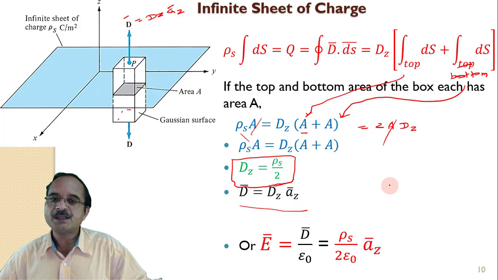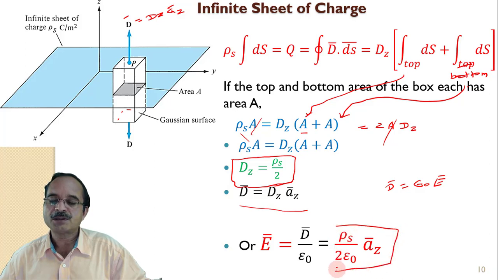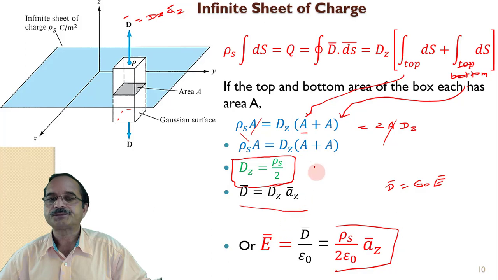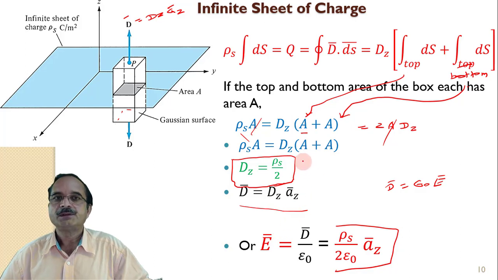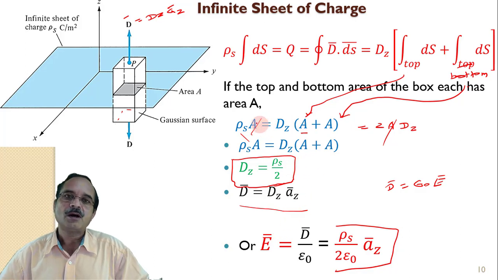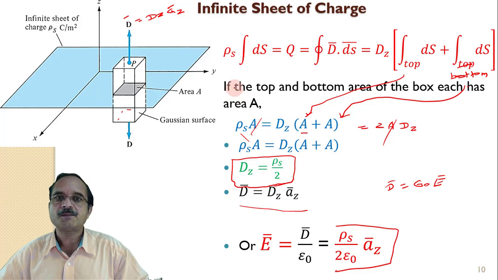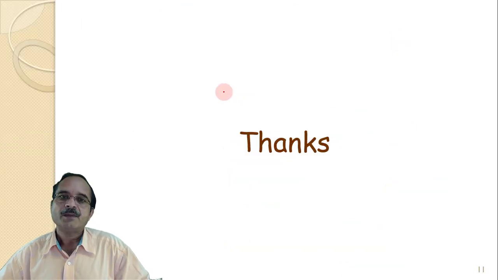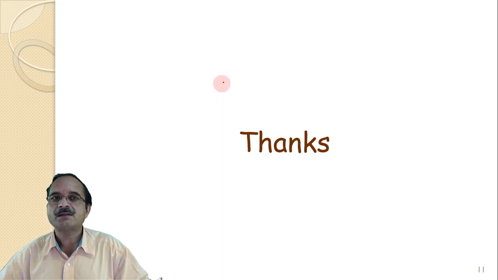We know D is equal to epsilon 0 E. So using this relationship, E is nothing but rho s upon 2 epsilon 0 az. So this is the Gauss law applied to infinite sheet of charge. We have applied Gauss law to find the electric flux density for point charge, line charge and surface charge.